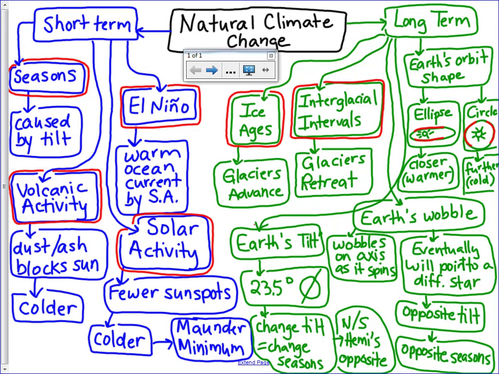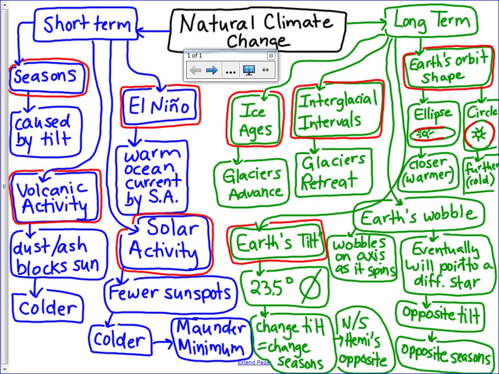We have the tilt, which we know causes the seasons. The amount of the tilt can change and change the seasons, how warm or how cold they are. We have the shape of Earth's orbit. If it's an ellipse, we're closer to the sun, we're warmer. If it's a circle, we're further away and we're colder.